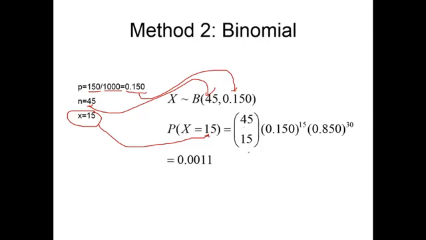And you run the math on it. You run out your binomial. And here it turns out to be 0.0010. So we're off by 2 10,000ths. And again, if you're rounding this off to the nearest percent, it's 0.